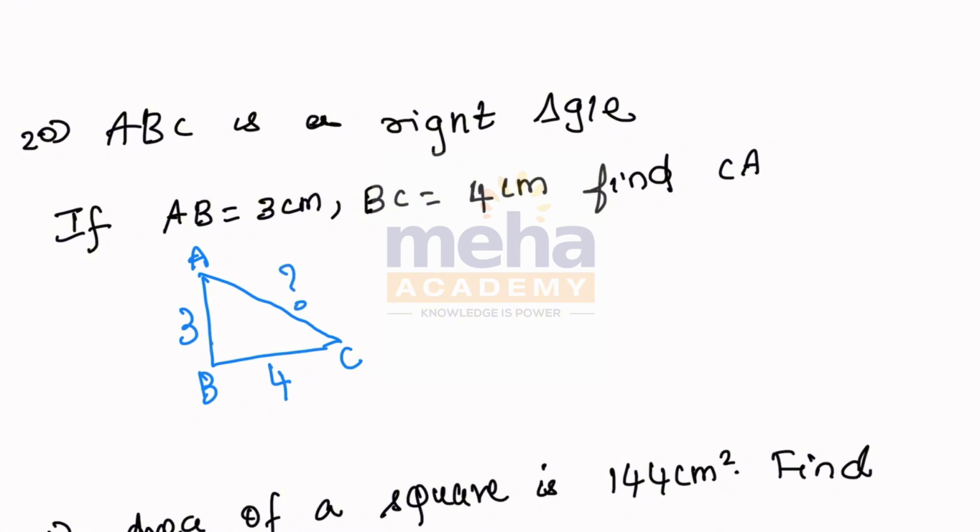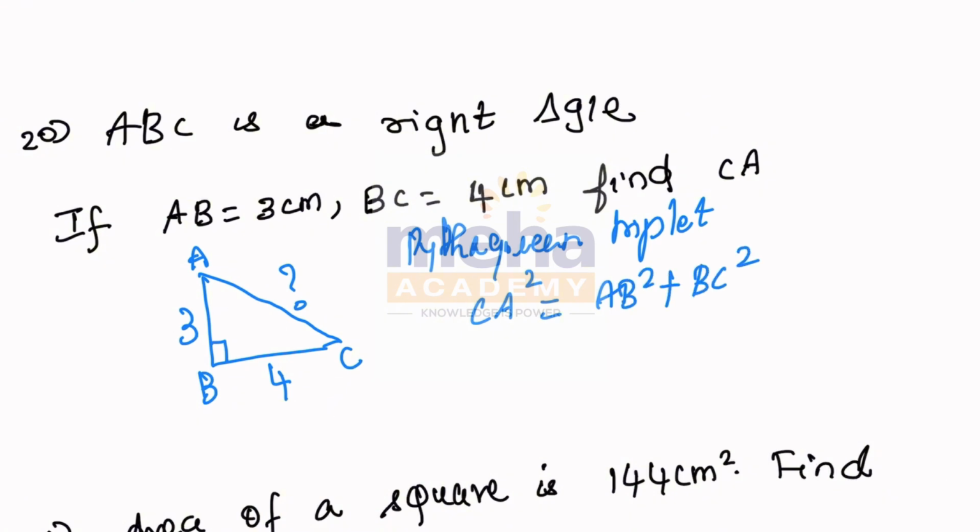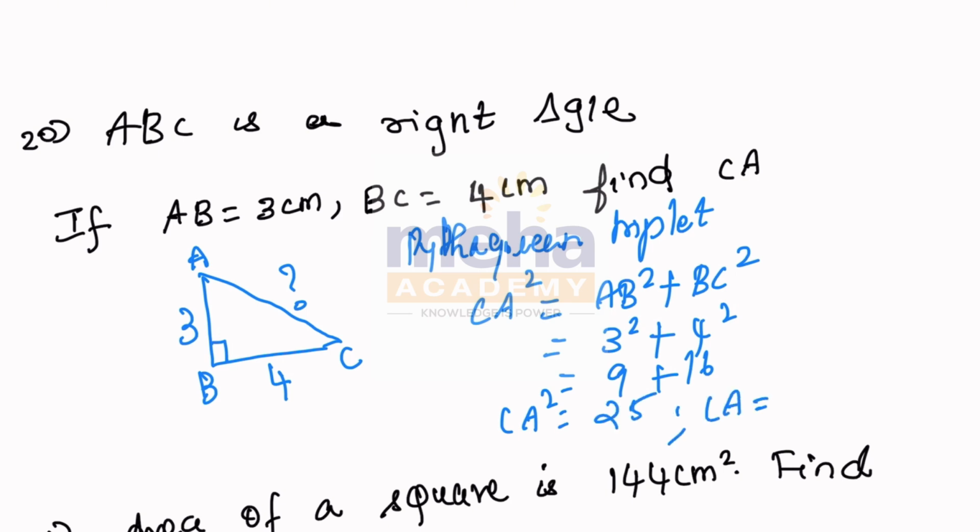So always if it is a right triangle, we use the Pythagorean formula, that is hypotenuse square is equal to the sum of the squares of the other sides. Therefore CA square is 3 square plus 4 square, that is equal to 9 plus 16. So CA square is equal to 25. When the square goes to the other side, it becomes square root, therefore CA is 5 centimeter.